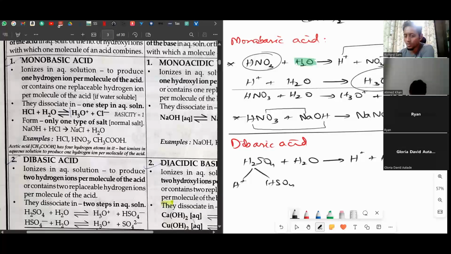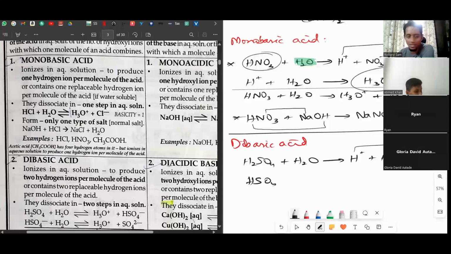Out of the H2SO4, only one hydrogen separates. The remaining hydrogen is still attached with the SO4. You get it? And there's the water. So this hydrogen will join with this water in the next step to form H3O. Okay.